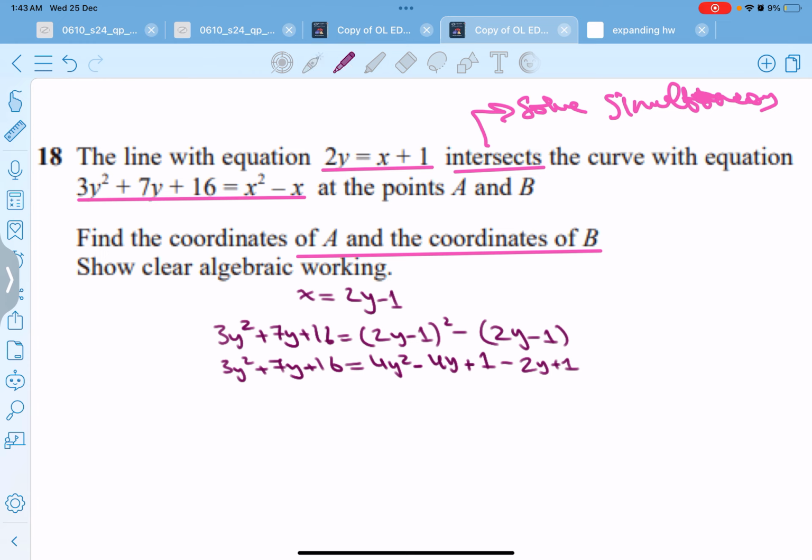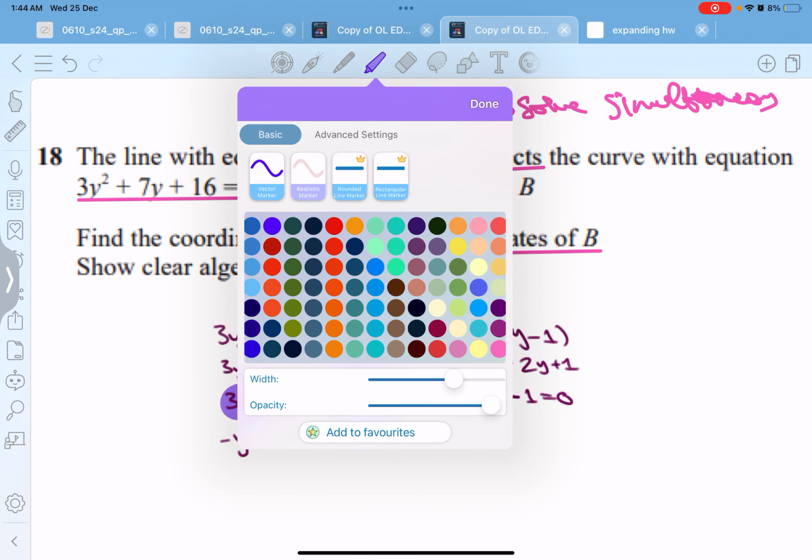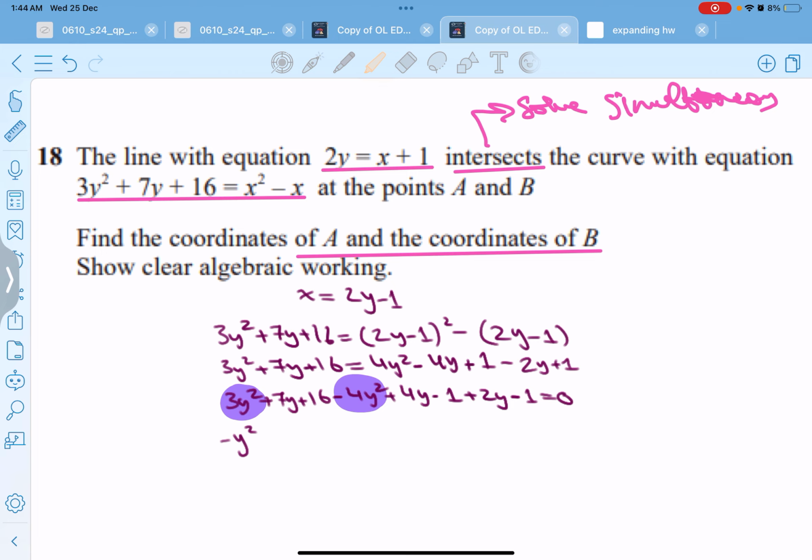I'm going to move them all to one side. 3y squared plus 7y plus 16, negative 4y squared, positive 4y, negative 1, positive 2y, negative 1 equals 0. So 3y squared and negative 4y squared is going to be negative y squared. Here, 7y plus 4y plus 2y, so it's going to be 13y, right?